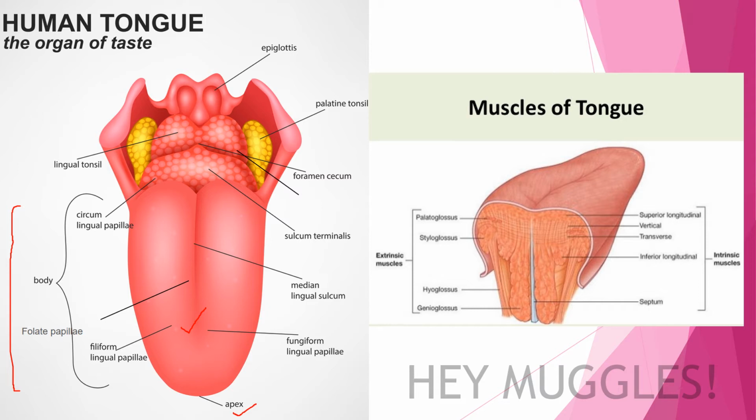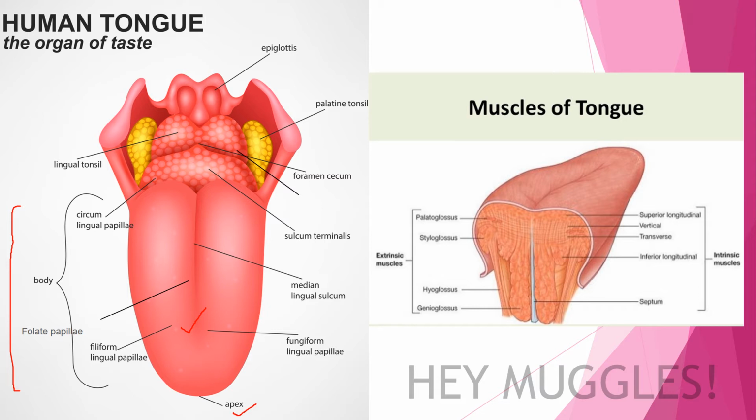About the papillae. What are the papillae? Papillae are mucosal projections that increase the surface area of the tongue. They increase the area of contact between the bolus and the tongue.